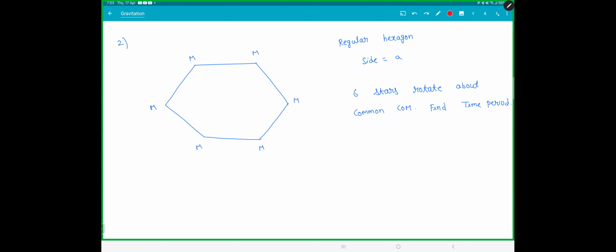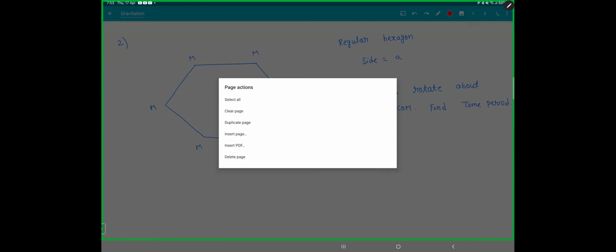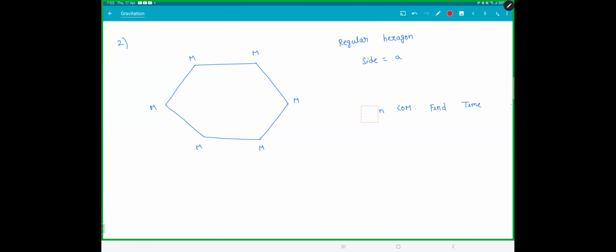The numbers are bad. Let's see. So for simplicity, let me write F is equal to G m square by a square. So this guy will attract with a force of F. Remember the distance between these 2 points? √3, that will be √3a.